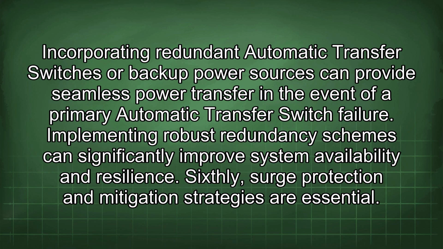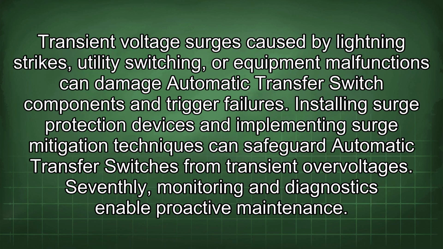Sixthly, surge protection and mitigation strategies are essential. Transient voltage surges caused by lightning strikes, utility switching, or equipment malfunctions can damage automatic transfer switch components and trigger failures. Installing surge protection devices and implementing surge mitigation techniques can safeguard automatic transfer switches from transient overvoltages.